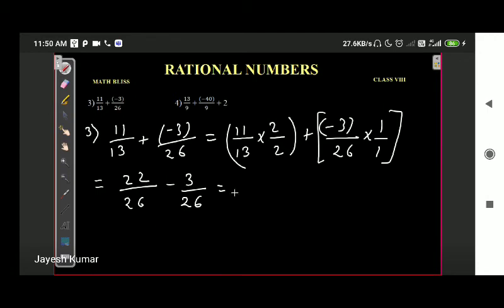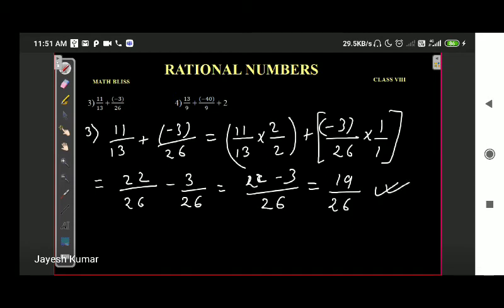Let's take 22 minus 3 in the numerator and 26 in the denominator. The final answer will be 19 upon 26. As it can't be simplified further, the answer is 19 upon 26. Let's take the second question. Let me enlarge it a bit.